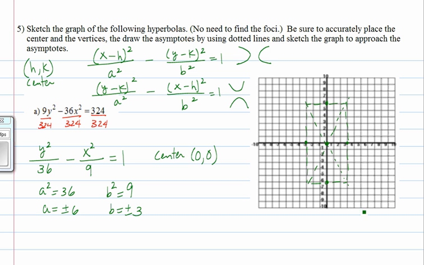So if you want to know what the rest of this line looks like, you just finish with the same slope. The slope of this line is rise 6 and run 3. So that's 6 over 3 or 2 over 1. The slope of this line is negative 2.